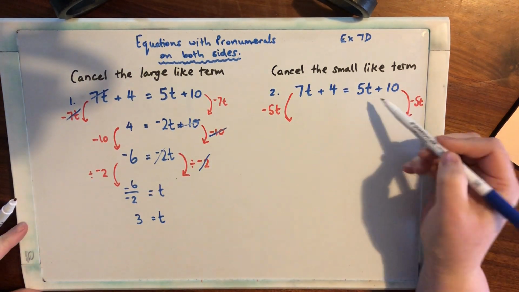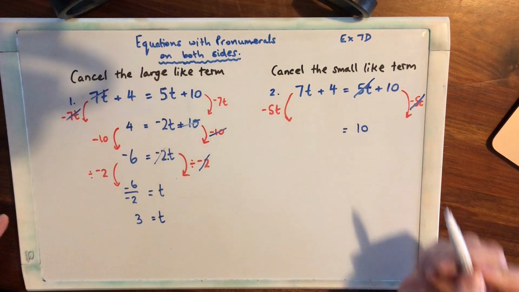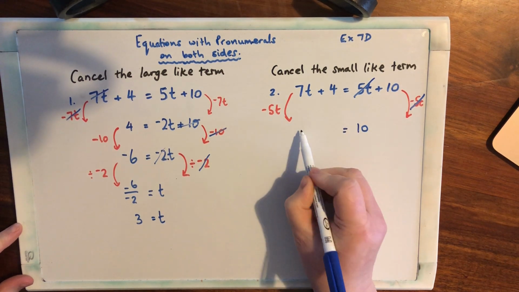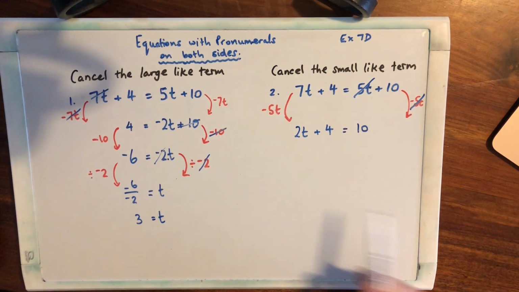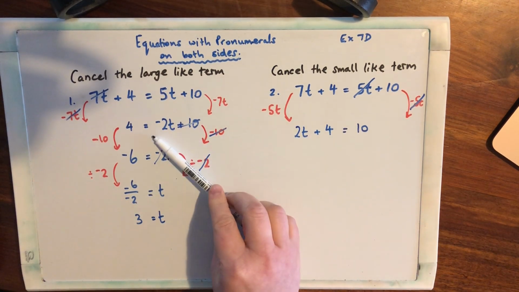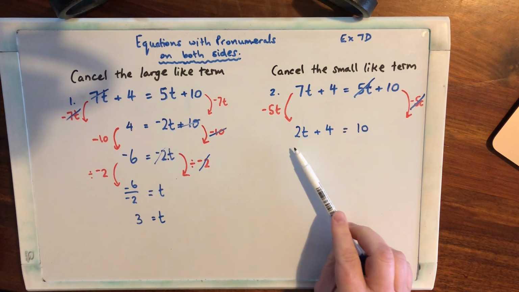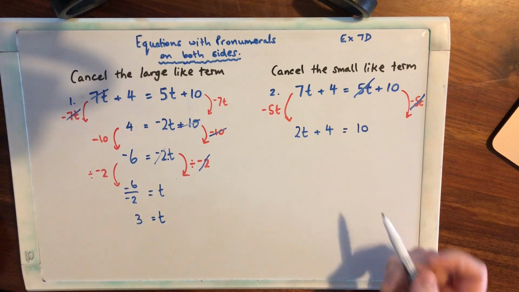We know that this will cancel out with this, leaving us just with positive 10. This will be 7t minus 5t, which we know is 2t plus 4. At each step it looks similar, except we're working with negative numbers over here, which can be confusing for some. Here I've been able to keep them all as positive so far.